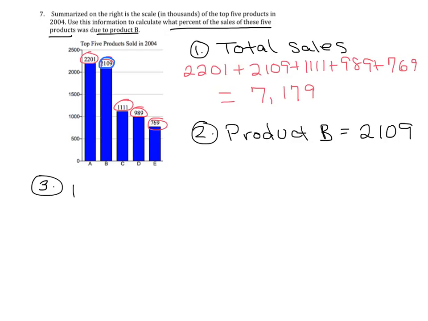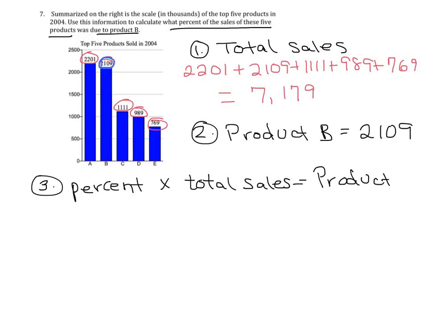The percent equation is the percent times the total sales, which equals product B. Now I'll plug in the values that I found in steps 1 and 2. The percent is my missing value. My total sales is 7,179, and product B was 2,109.